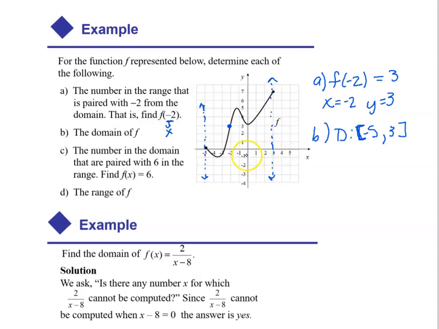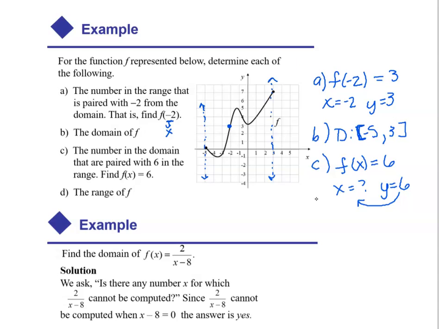Now, C says the number in the domain that is paired with 6 in the range. So what they want us to do is find f of x at 6. Remember that f of x is just a fancy way of saying y. So what this is asking is when y is 6, what is x?